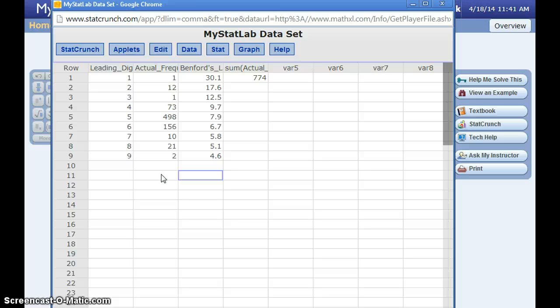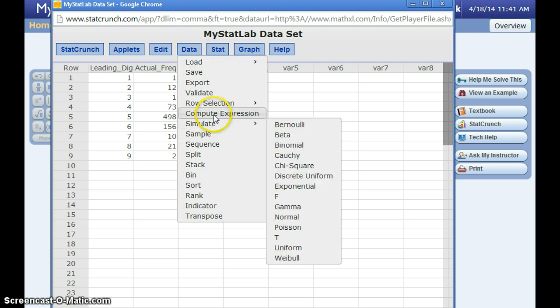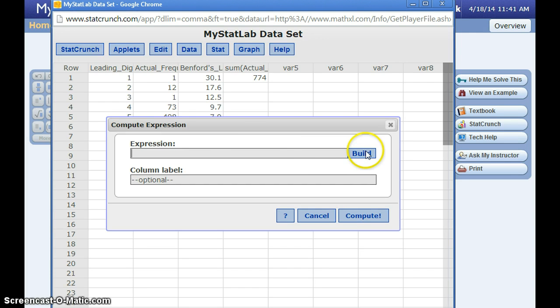But that still isn't exactly what I need. I need to know how many are expected. For instance, I need to know that 30.1% of 774 is the expected value. So really, I want to take 774 times every one of these percentages. I could do that on my calculator, but I'm going to tell StatCrunch to do that. So I'm going to go Data again, Compute Expression, Build.